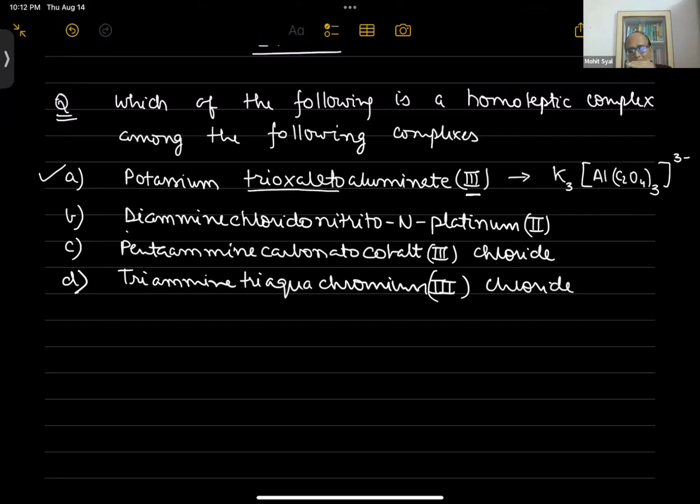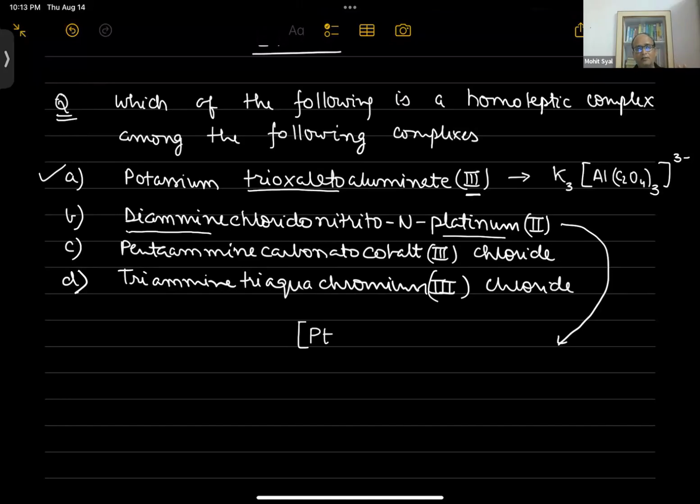I have asked you to draw the structures of these complexes also. So let's draw the structure of this complex. First, figure out the metal, that is platinum. While writing the formula, you should write the metal in the square bracket.